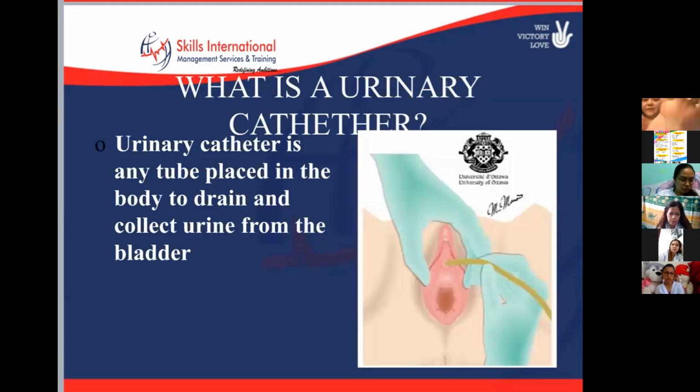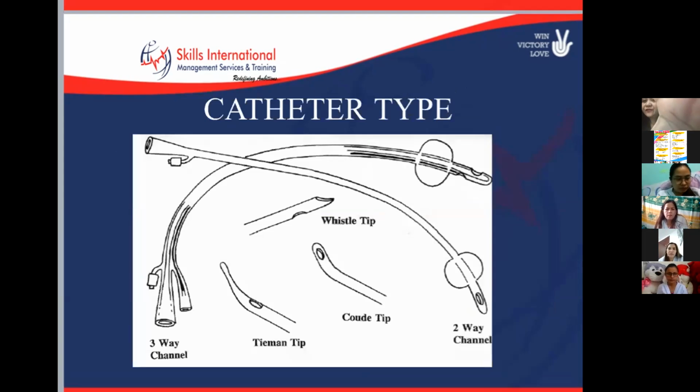Now, what is a urinary catheter? A urinary catheter is any tube placed in the body to drain and collect urine from the bladder. This is how it looks. These are the different types of catheter tips: there is a whistle tip, a coude tip, a two-way channel, a T-tip, and a three-way channel.